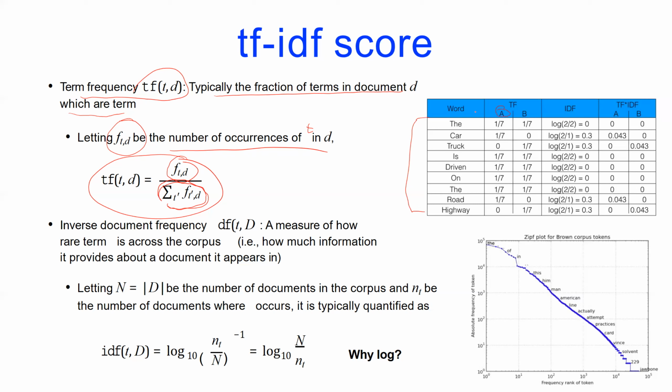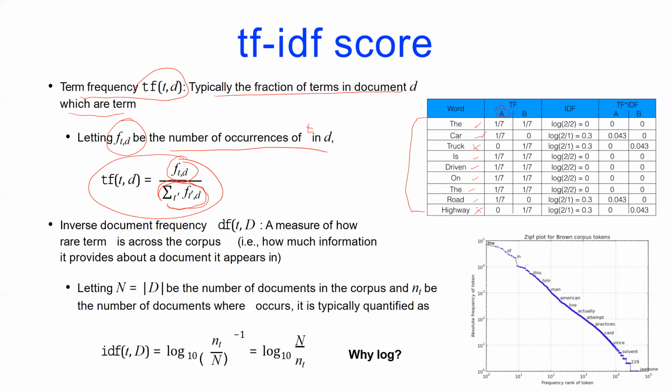Let's look at document A. In this document A, I have THE appearing once, car appearing once, I do not have truck, I have is, I have driven, on, the road, but I do not have highway.